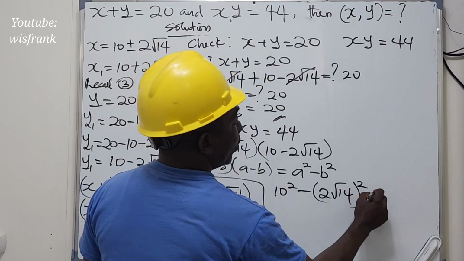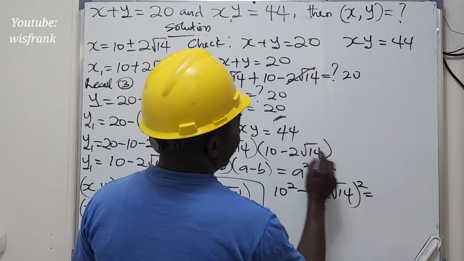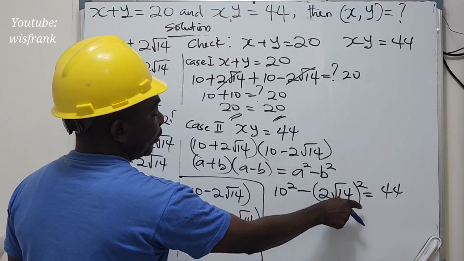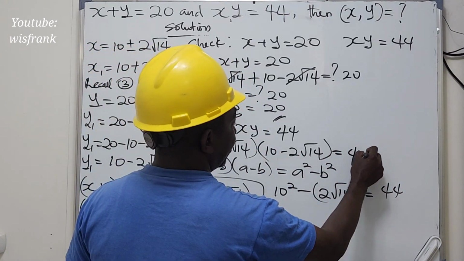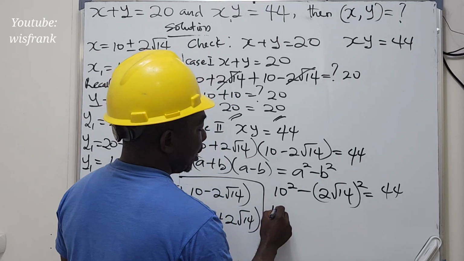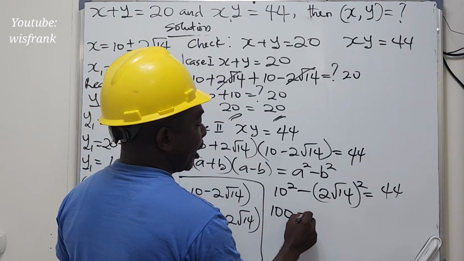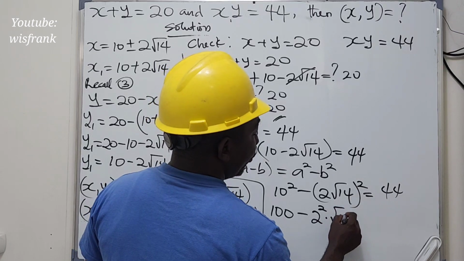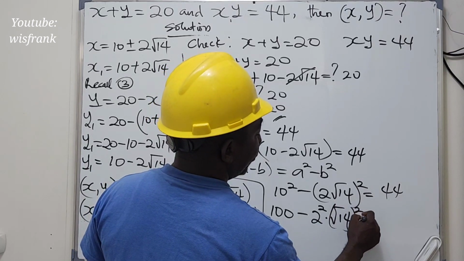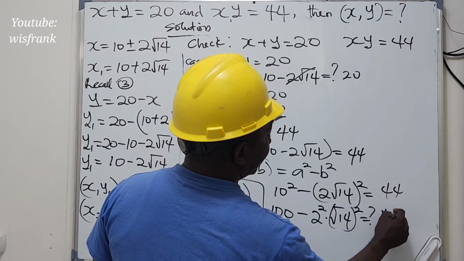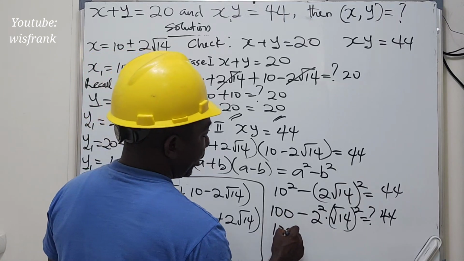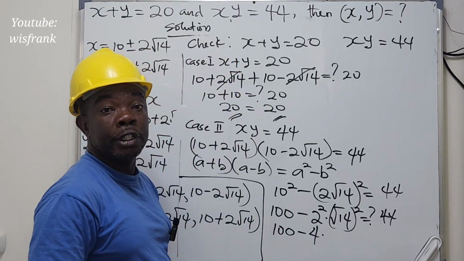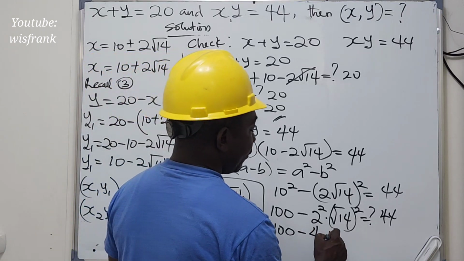We know that this equals 44, because when we multiply x and y, it gives us 44. So 10 to the power of 2 is 100, minus 2 to the power of 2 times root 14 all to the power of 2. This is 100 minus 4 times root 14 to the power of 2, which is the same thing as 14.